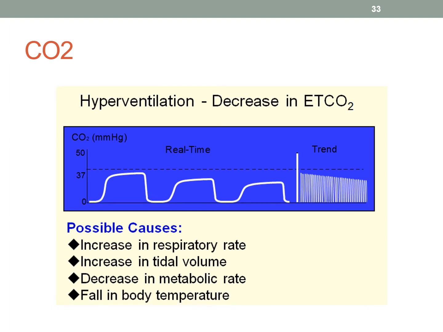On the flip side, hyperventilation, so our CO2 is going down. Anything that's going to increase your minute ventilation, your respiratory rate or tidal volume, or anything that would decrease your metabolic rate, like a fall in body temperature.